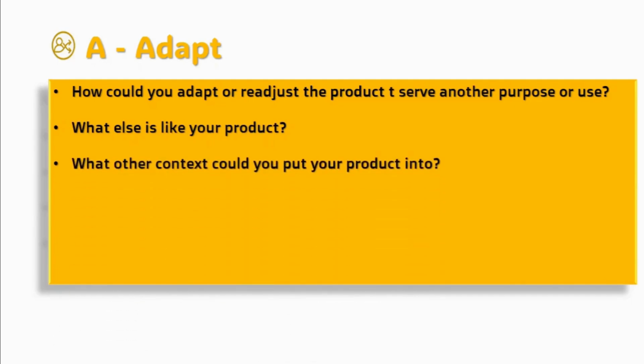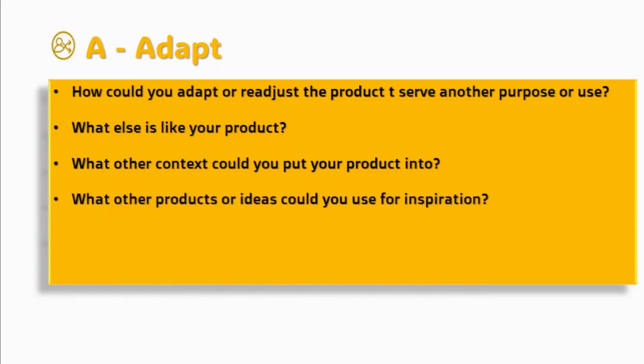What other context could you put your product into? What other products or ideas could you use for inspiration, adjust to a new purpose, reshape, or tune up? So basically if you have an existing product, you have to think about the new purpose, a new reshape or tune up, right? You just think whether a new application can be thought about.